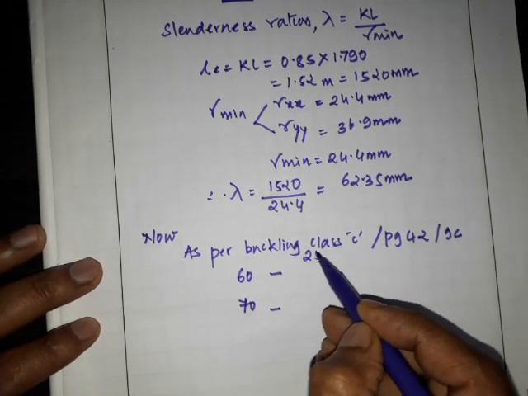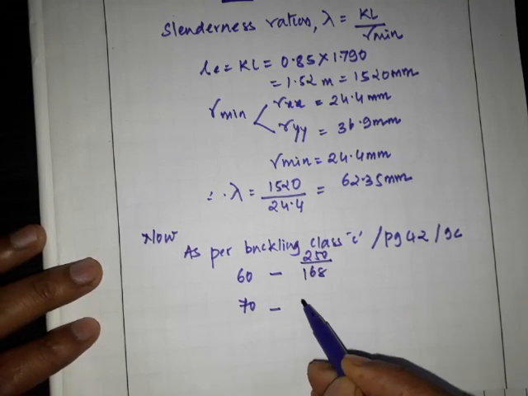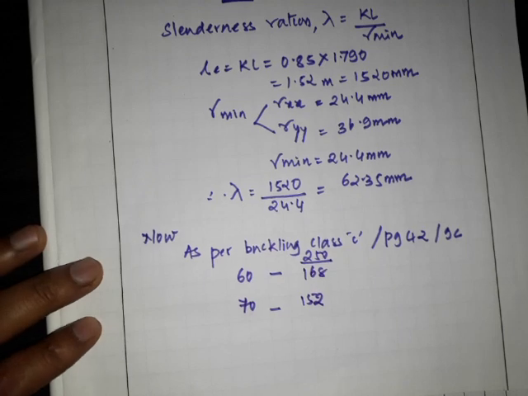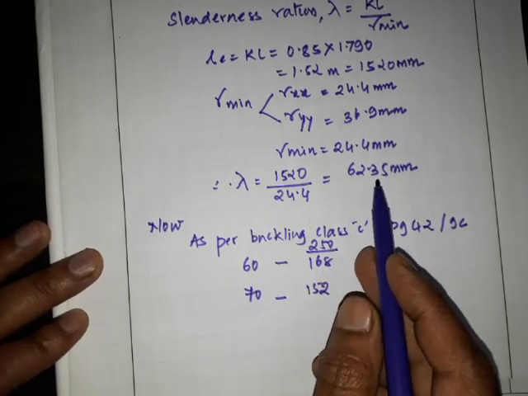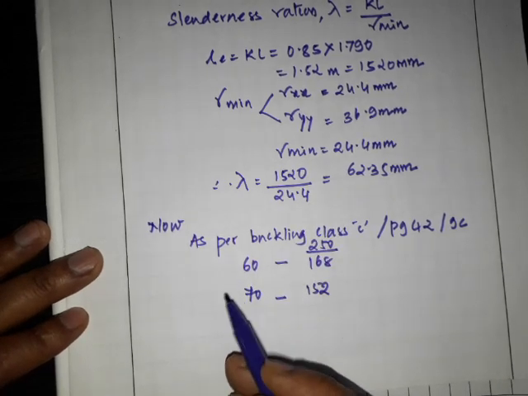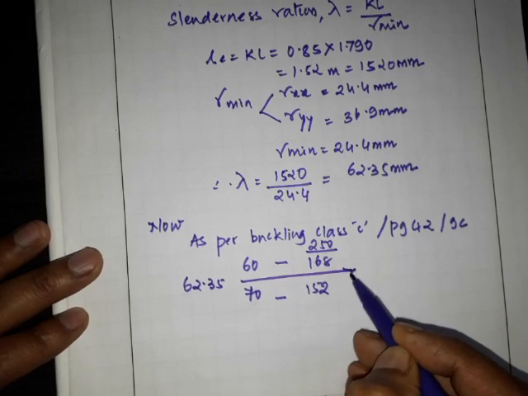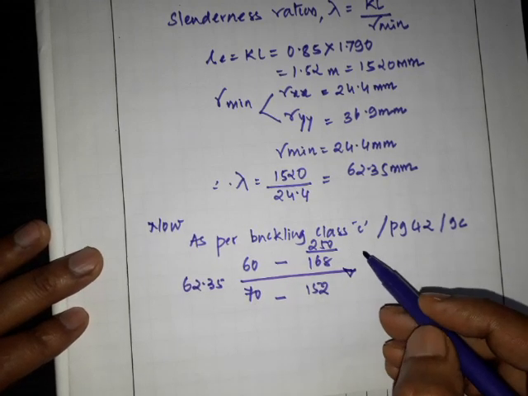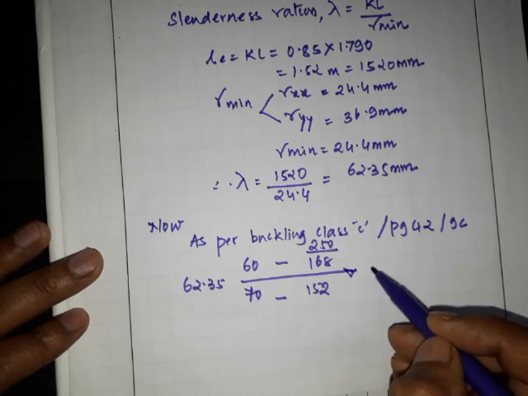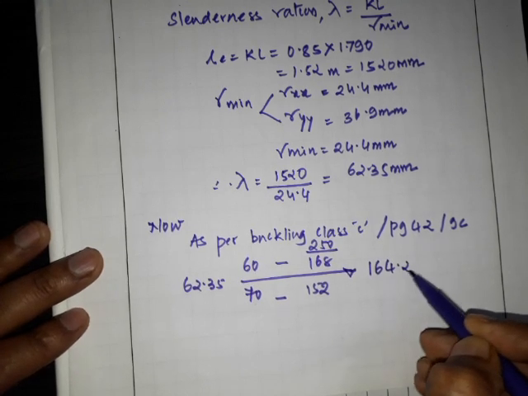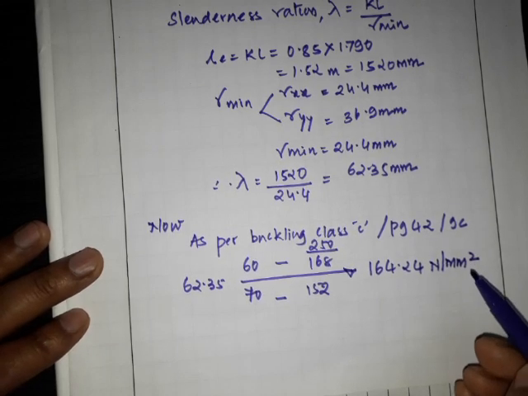For Fy equal to 250, we get 168 and 152. We have to interpolate between these two for the value of 62.35 and find out the actual value. After interpolation we get 164.24 Newton per mm square.